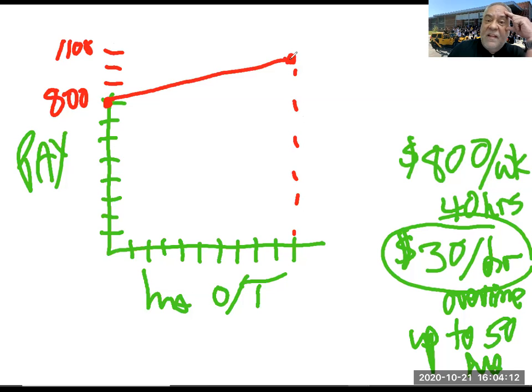So this is looking at the time he went to overtime. So his starting value is this. So basically, this is saying starting value.